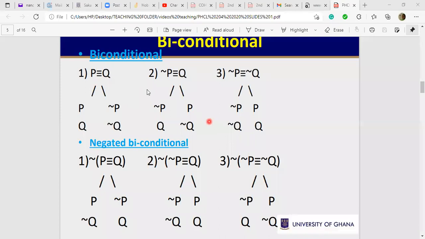When you are decomposing, I give you a dictionary for P, and you put Q's dictionary into P, your decomposition would be wrong. So I want you to be particular about that. I gave you a dictionary for P. P is today is Friday. Q is it is a holiday. Then I say interpret this.